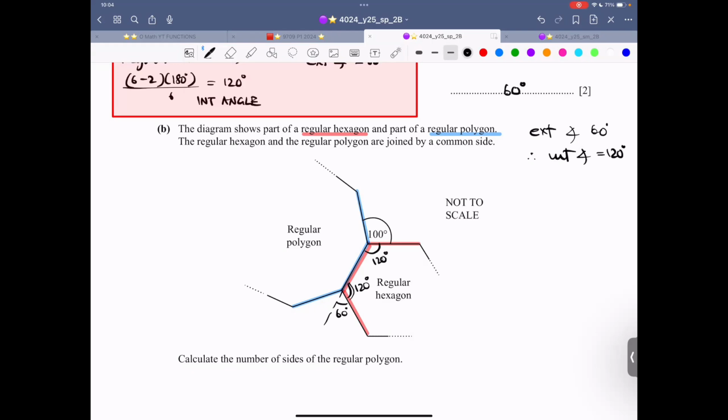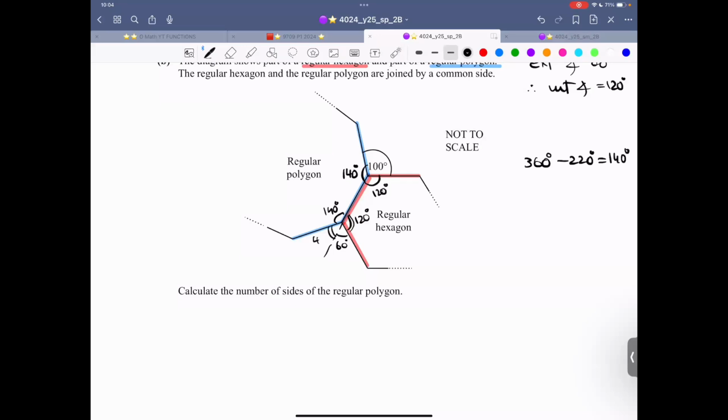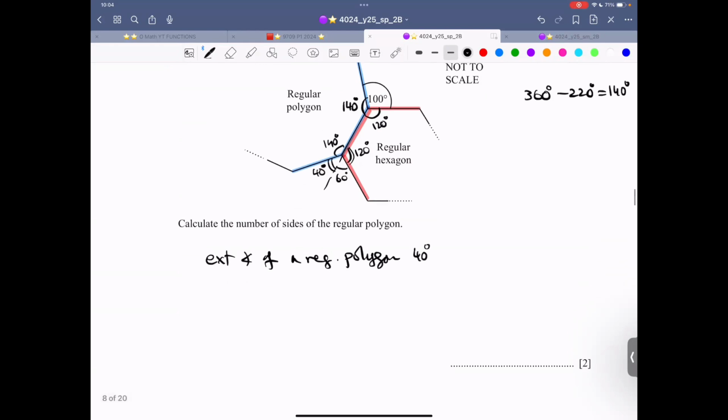If this is 100, this is 120, that's 220, 360 minus 220, how much is that? 140 degrees. So this is 140 degrees and this is a regular polygon. That means I can still write 140 over here. Therefore, this is 40 degrees. So this exterior angle of a regular polygon is 40 degrees.